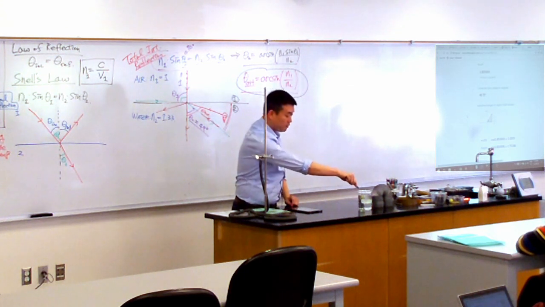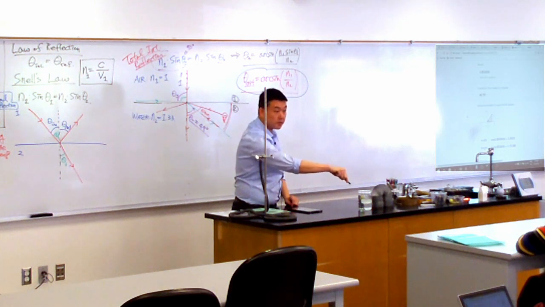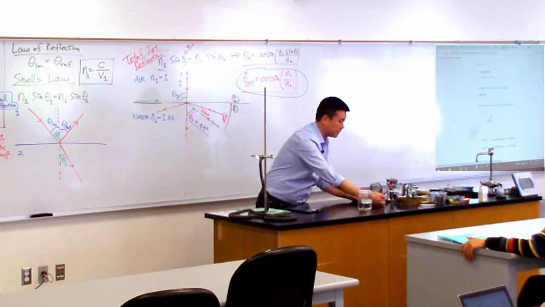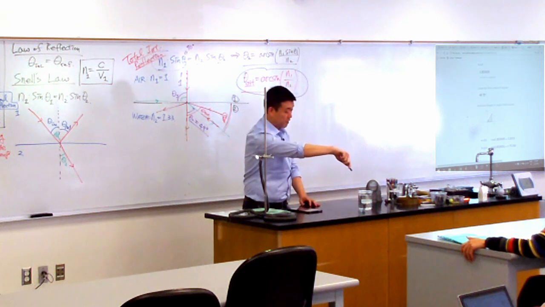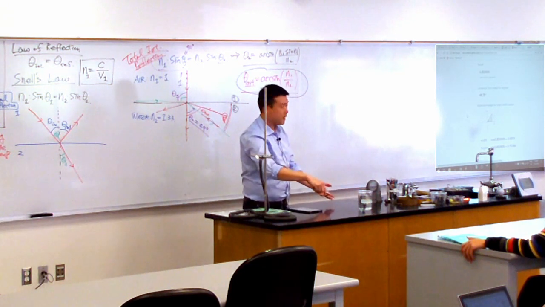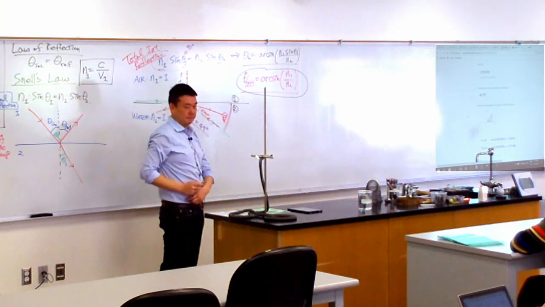And no matter what I do, you will never get total internal reflection here. So there's some particular condition that I need to meet, which this setup, me shining laser light into a beaker, will never satisfy. And if you stare at this for a while, you can figure out what that condition is.